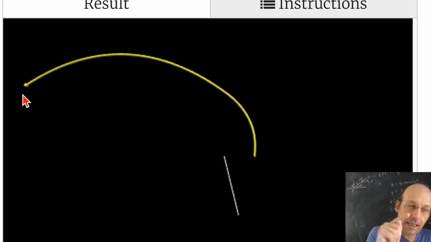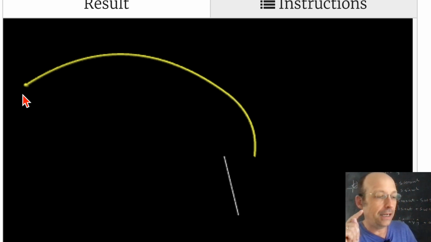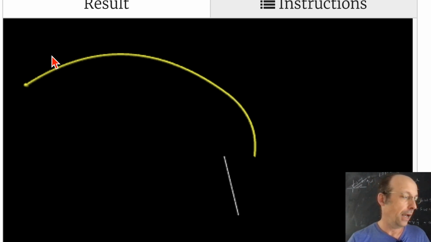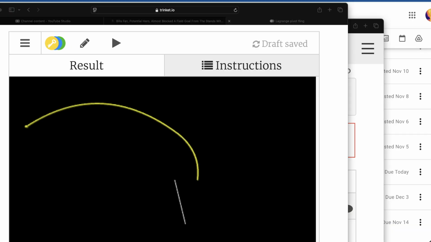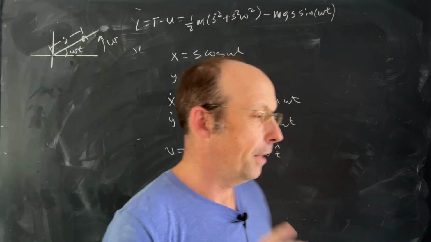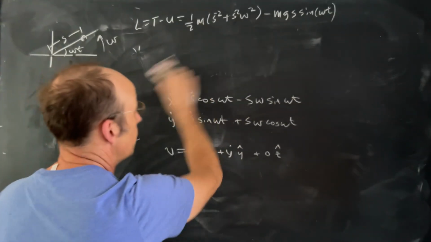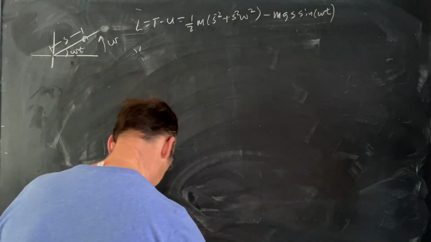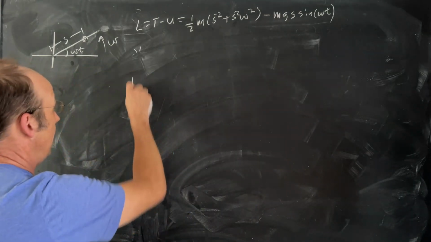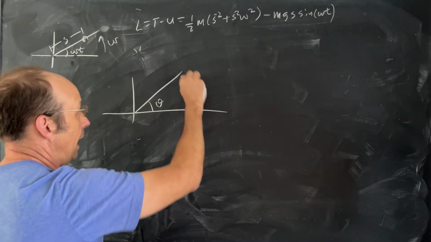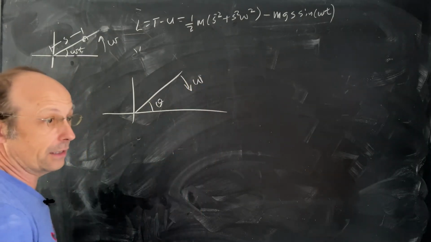Now, I'm going to give you some homework, because when I say homework, I mean problems that I want to do, but I don't want to do them right now, so I'm giving you homework. So let's go to the board, and I have two excellent homework problems for you. Homework problem number 1 is, suppose that I have a different problem. It's very similar, but now I start right here at theta, and it moves down like this with an omega.